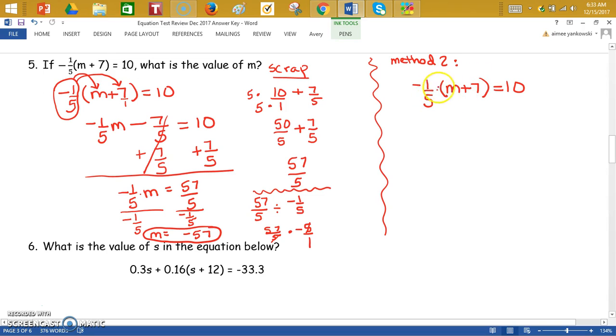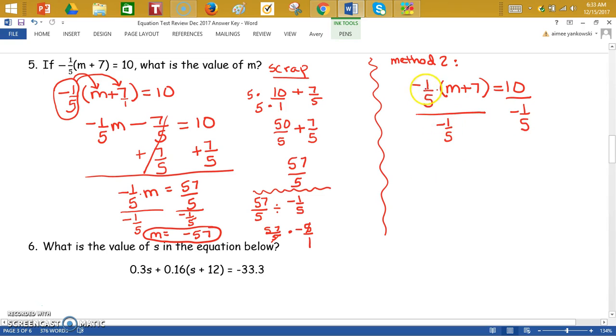So if this is negative 1/5 times the quantity m plus 7, she undoes that multiplication by dividing by negative 1/5 on the left of the equal sign. If I'm going to divide by negative 1/5 on the left-hand side, I have to divide by negative 1/5 on the right-hand side.